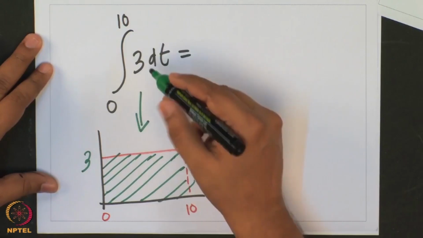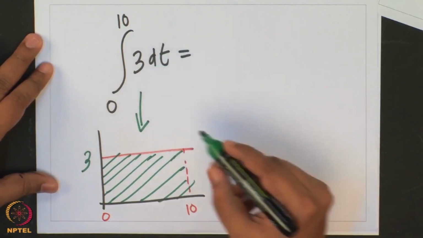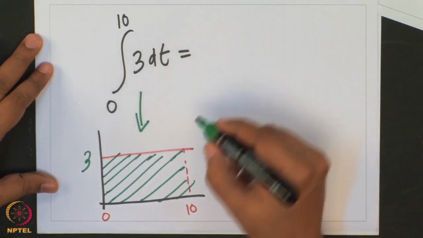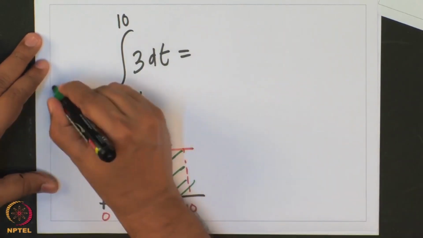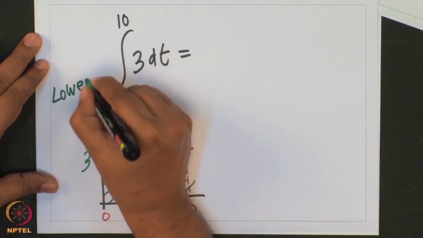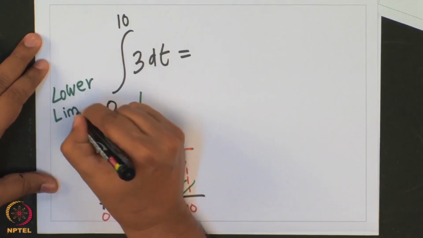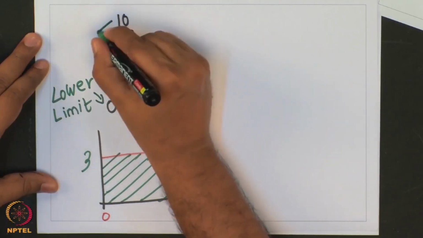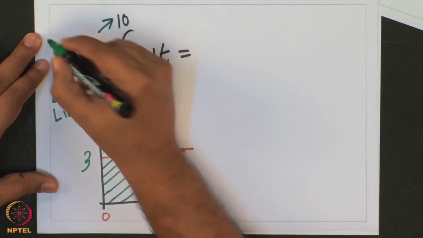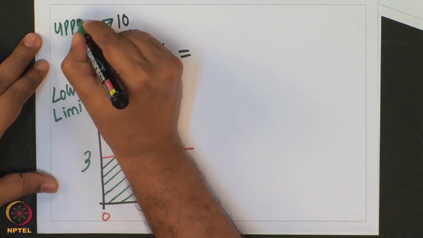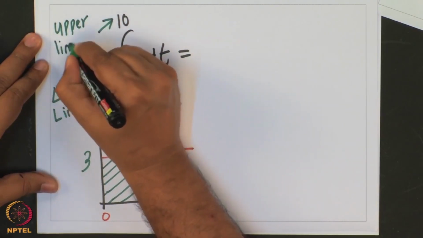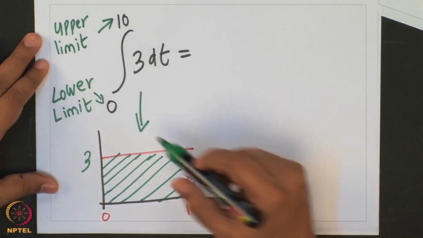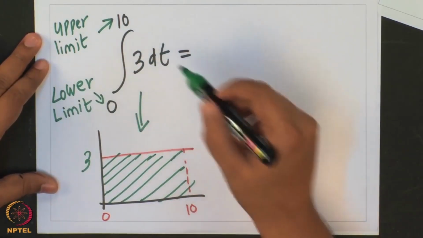Now this integral, which is called a definite integral, has two limits. This is called a lower limit, which is 0, and this is upper limit, which is 10, and we want to calculate integral 0 to 10 3 dt.